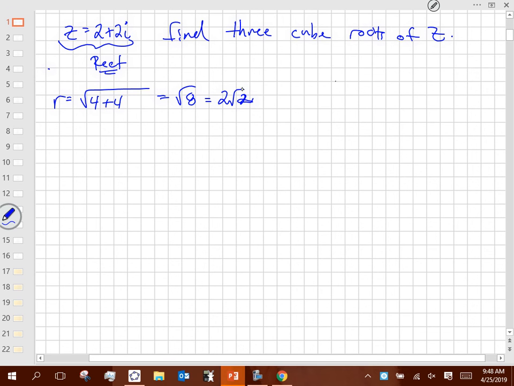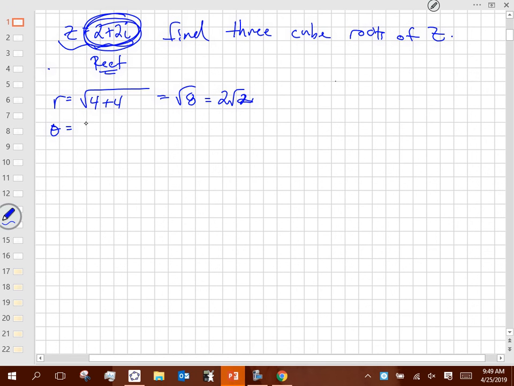Okay. Theta. 2 plus 2i is in what quadrant? First quadrant. Is 2 plus 2 a point that cuts the first quadrant in half?